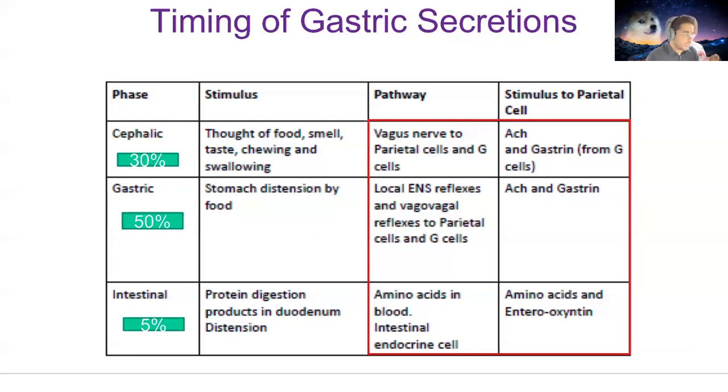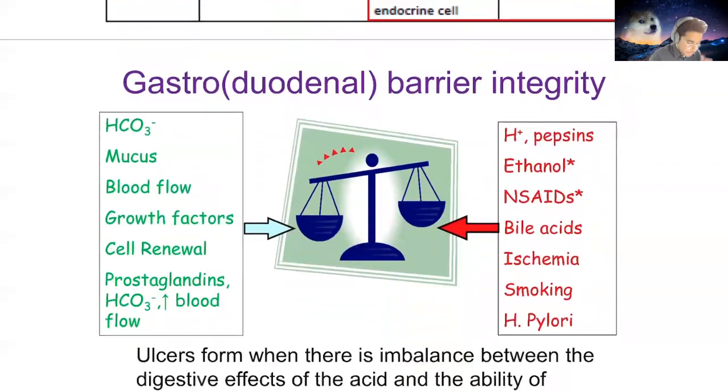Of course, when you get to the intestines, that one is driven primarily by the proteins. It's like a litmus test at the duodenal level and tells you, hey, there's food coming in that's being digested. Let's start taking up these amino acids. And that's primarily done by the I cells, secretins, and all of those things that are eventually going to be released in order to allow for the protein digestion and metabolism.